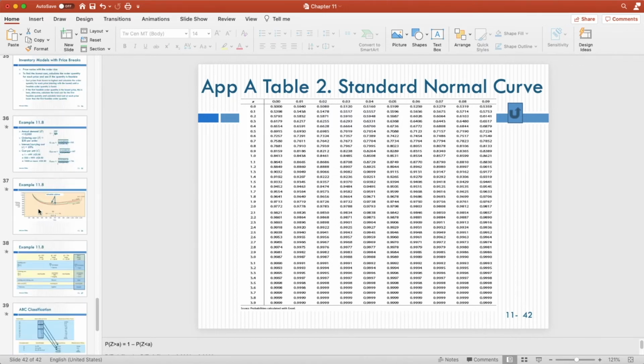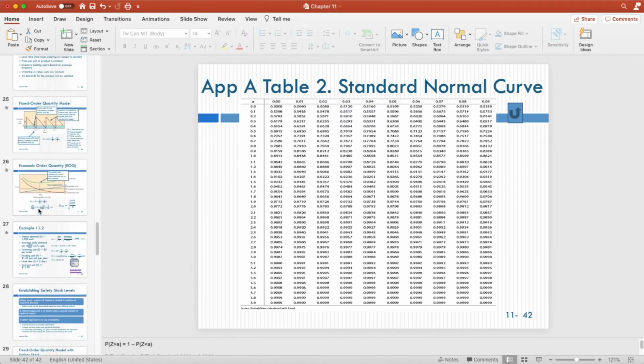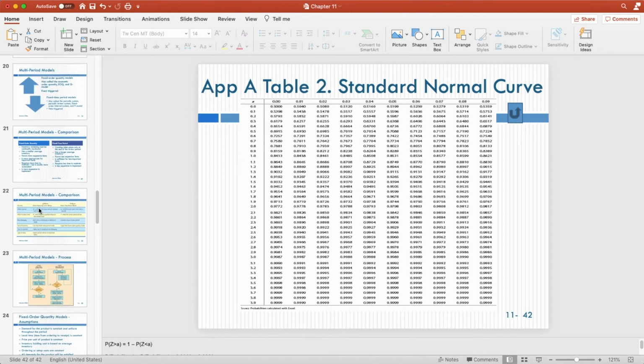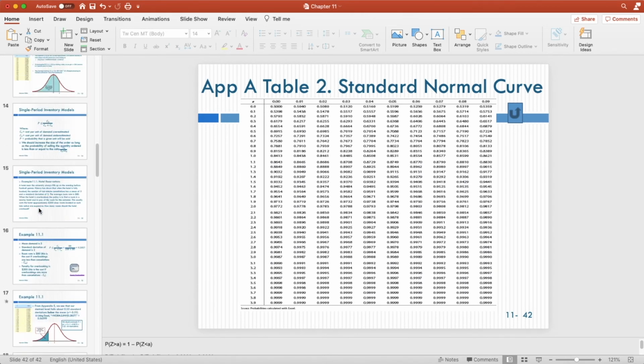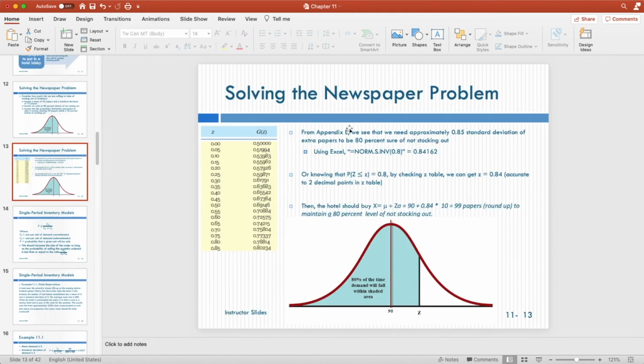So, just going through this very simple procedure, since the probability that z is less than or equal to some specific value equals 0.8, you figure out that the z value is 0.84. Very simple.